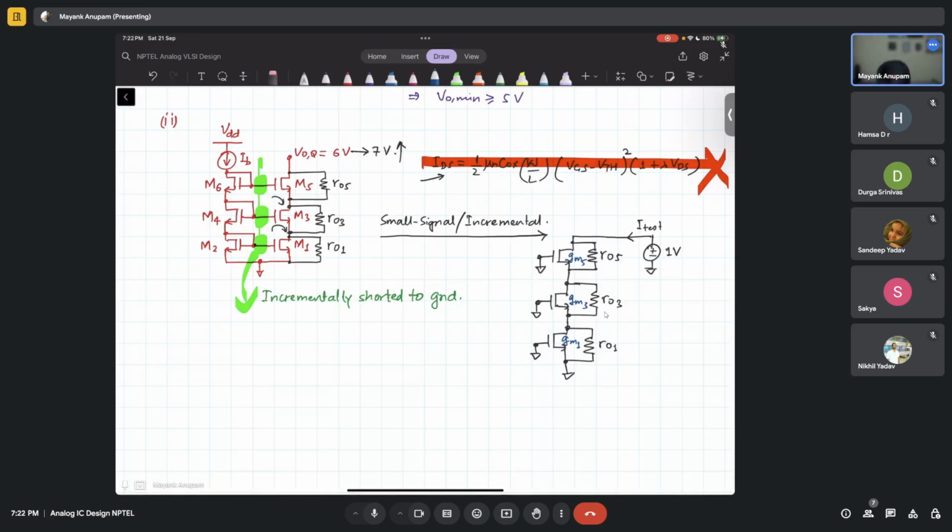Each MOSFET has its own gm, and then there is I test. So you have to find out how much is the I test. You can do it, right?